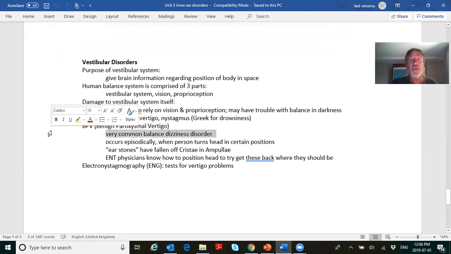It occurs when the tiny little stones that sit on top of the gelatin inside the ampullae of the semicircular canals. You have the semicircular canals ending in these little balls, little bulges. So the semicircular canal ends with a little ball on the end. Okay, remember you got 3 semicircular canals.